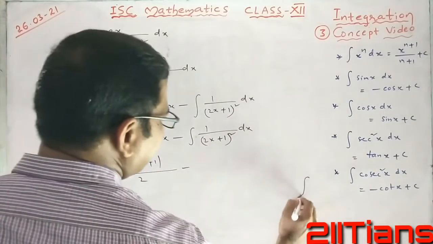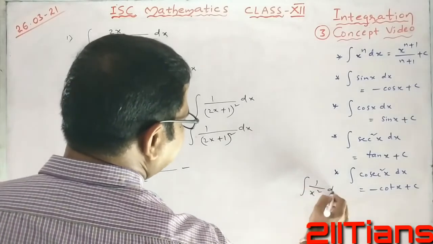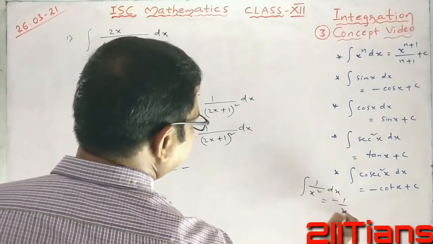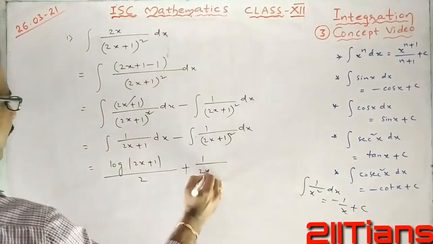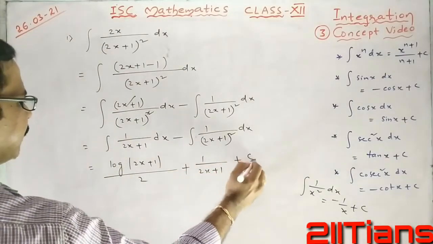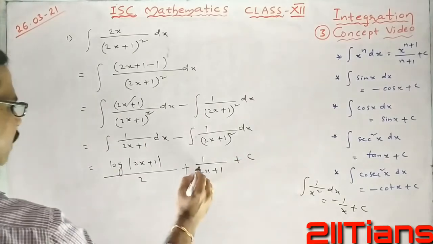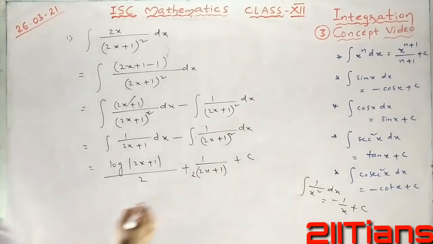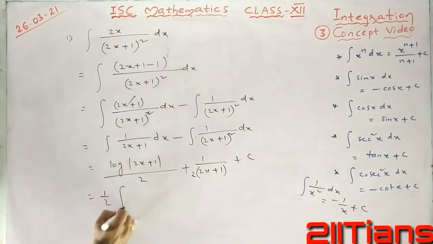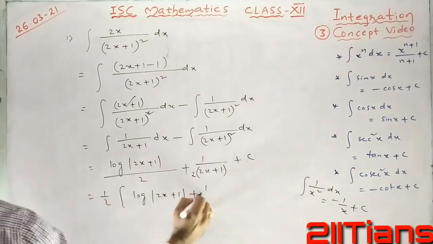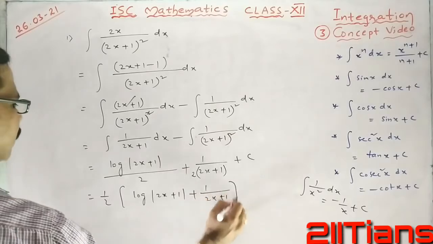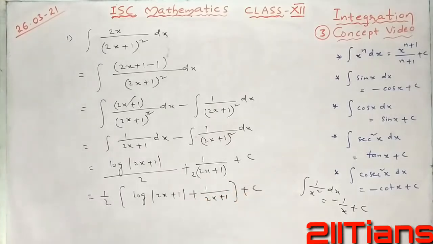Integral 1 by x square is directly minus 1 by x plus c. So already minus is there, 1 by x plus c, but the coefficient of x should be in the denominator. So 1 by 2 keep outside, log mod 2x plus 1 plus 1 by 2 times (2x plus 1) plus c. That is the final answer.